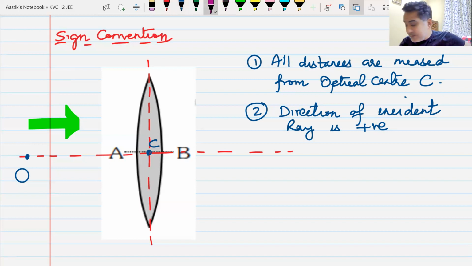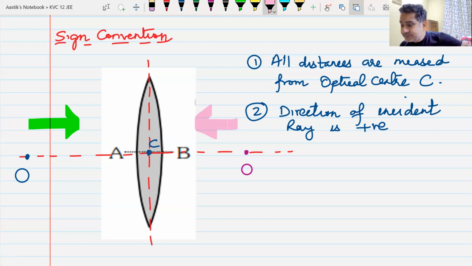Yes, sir. But remember, in the lens, the ray was coming always from the left hand side. But in case of a lens, the ray can also come from the right hand side. If the object is placed on the other side, the ray will come from this side. In that case, everything measured in this direction would be positive and everything measured in this direction would be negative.